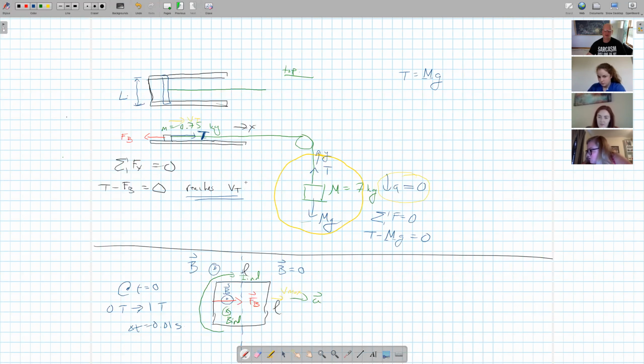Good. So if it's at terminal velocity, that means the acceleration of the system has to be 0, which means the sum of the forces in the y direction also has to be 0, which means the tension has to be equal to mg. Okay. So going back to here, I get mg minus the magnetic force must be equal to 0.